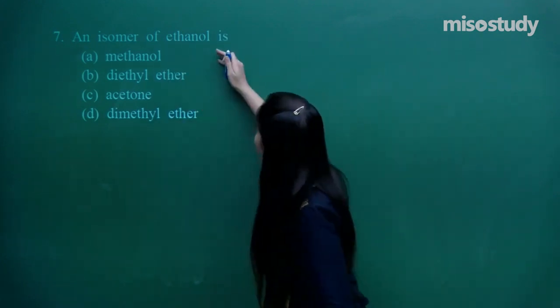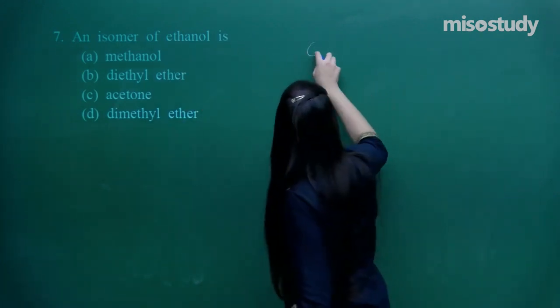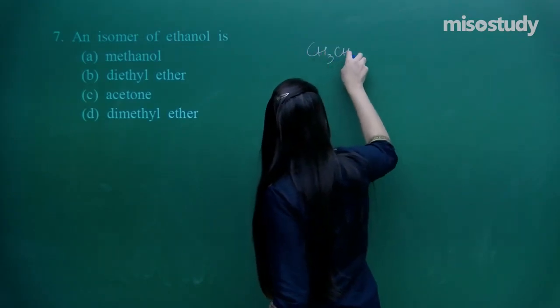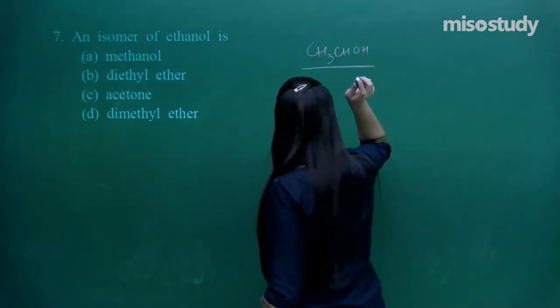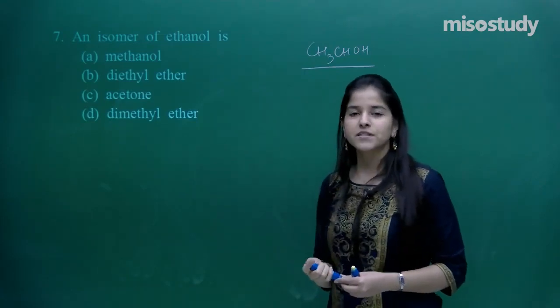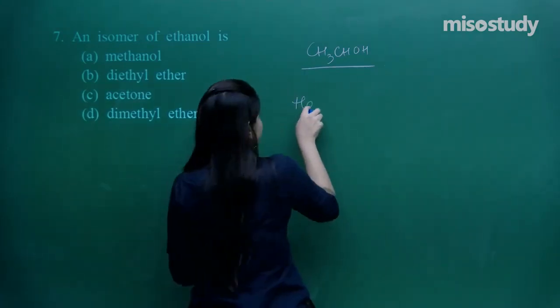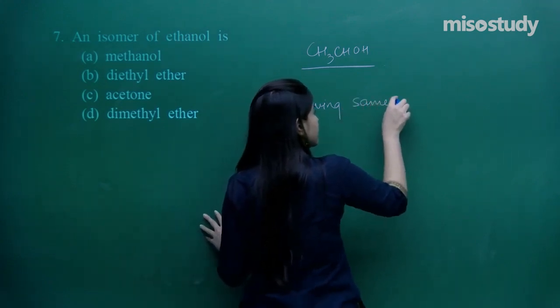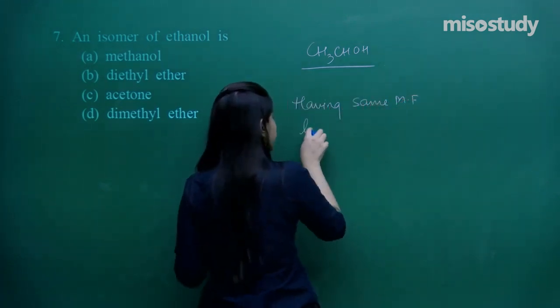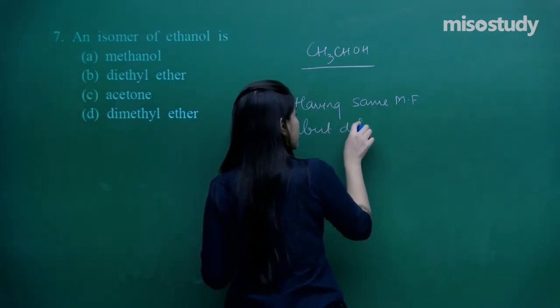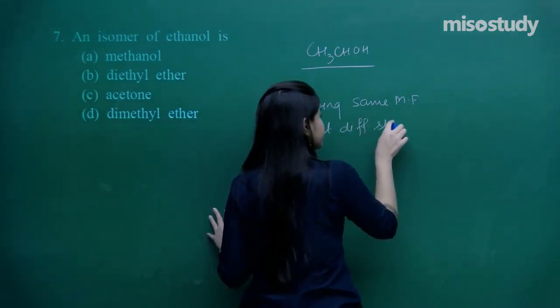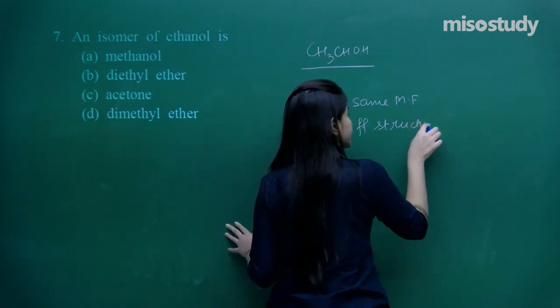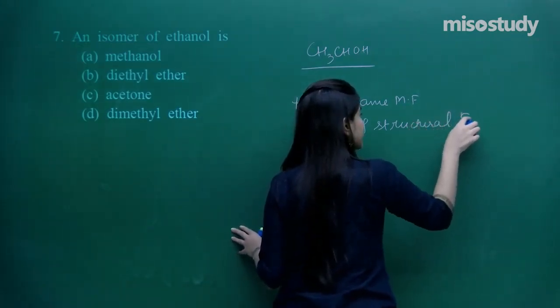An isomer of ethanol. So what is ethanol first of all? That is the ethanol. I am talking about structural isomerism, that means having the same molecular formula but different structural formula. So that is what structural isomerism is.